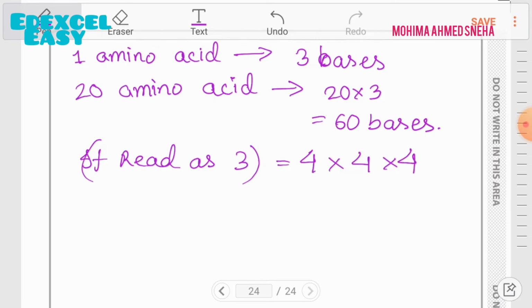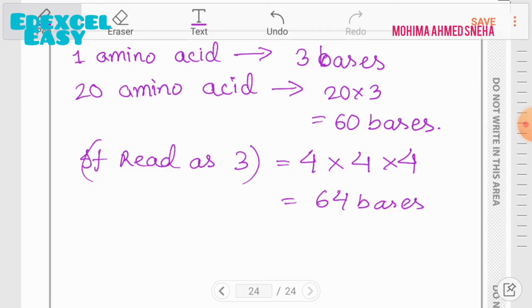Each base comes in 3 times but in different orientations to form the amino acids. So it will be 64, which is obviously greater than 20, which indicates that we can arrange the 64 in different orientations to make 20 combinations for the 20 different amino acids.